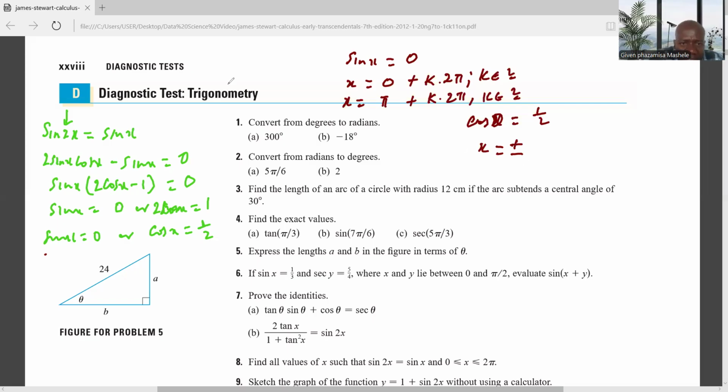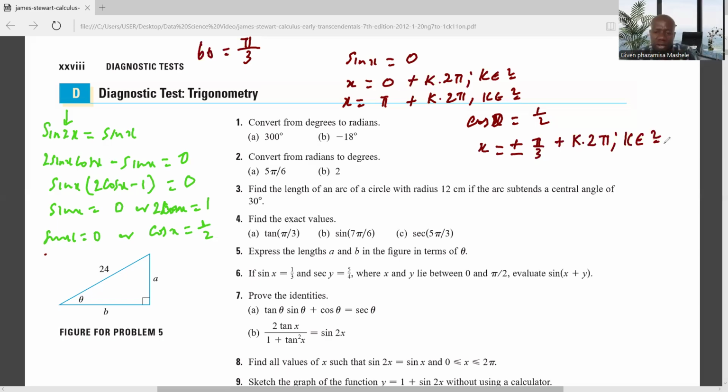But we're not going to put 60 here. Remember, 60 is the same as pi over 3, so it's pi, 180, divided by 3. So when I say plus minus pi over 3 plus k times 2 pi, when k is an element of integers.